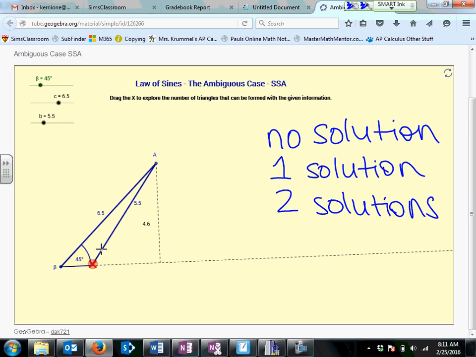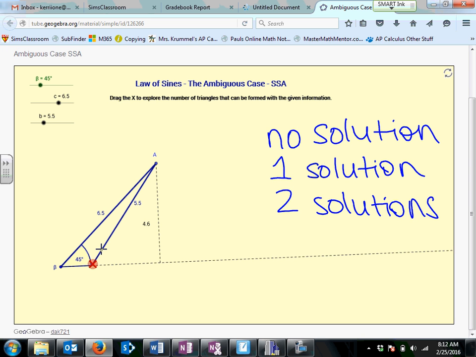Since it is possible to get two different triangles in a side-side-angle case, we need to check every time to see if there is a second triangle. If there's not a second triangle, you have one solution, fantastic. But since there is that case where it could have a second solution, we have to check every single time.